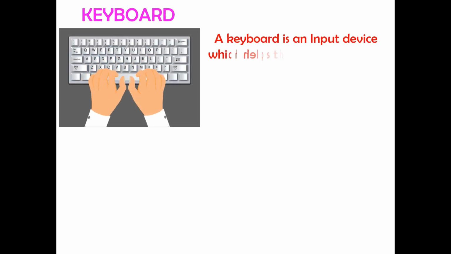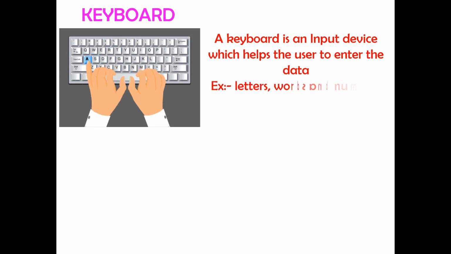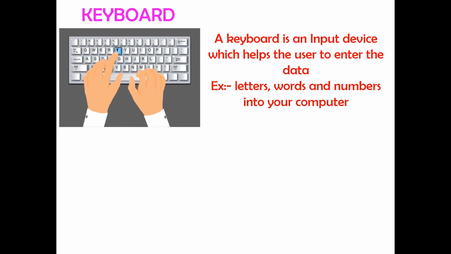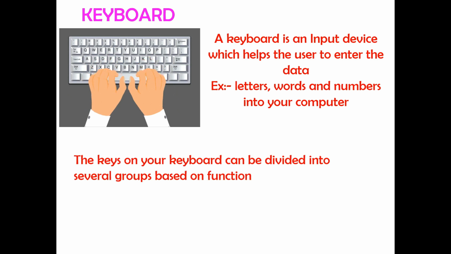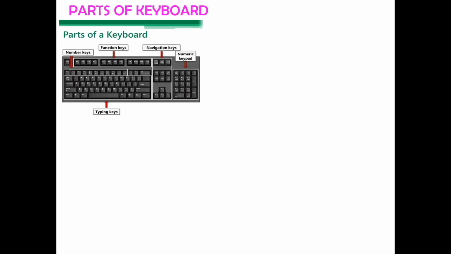And the third one is a keyboard. A keyboard is an input device which helps the user to enter data, for example letters, words and numbers, into computers. The keys on your keyboard can be divided into several groups based on functions. The parts of keyboards: numeric keys, function keys, navigation keys, numeric keypad and typing keys.